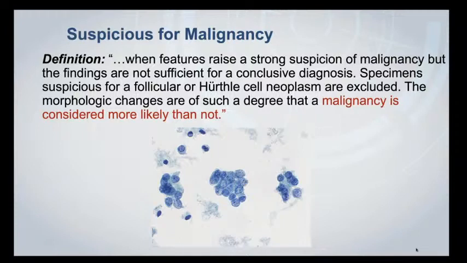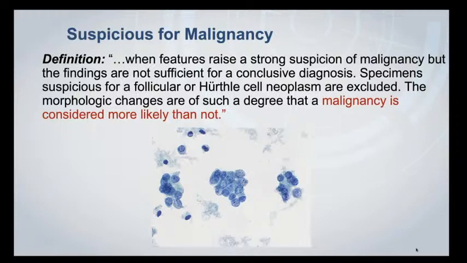And I'm showing you just one image here that would fulfill that criteria. And this is a highly cellular specimen that was mostly microfollicular in architecture, but where there was diffuse nuclear pallor, which was very suspicious for a follicular variant of papillary thyroid carcinoma. But there were no psammoma bodies. There were no papillae.